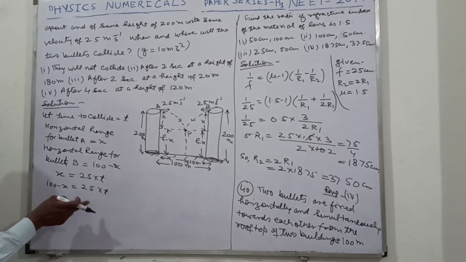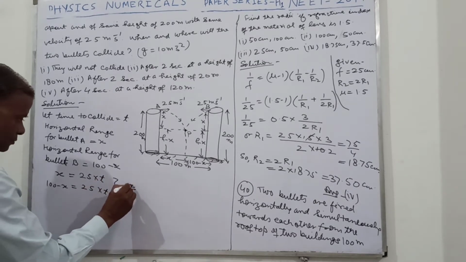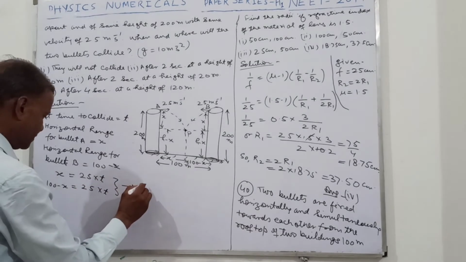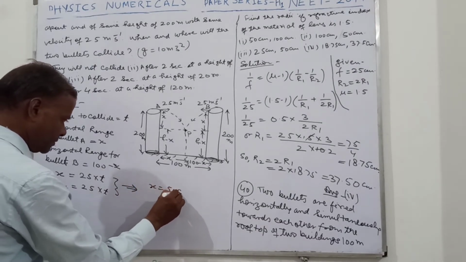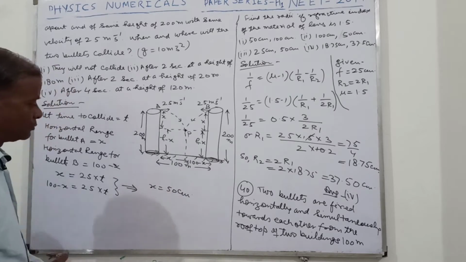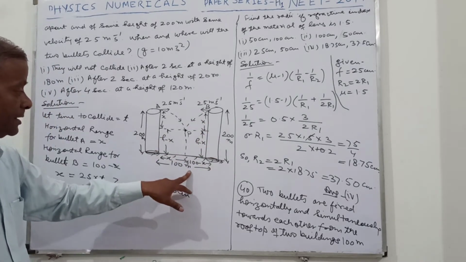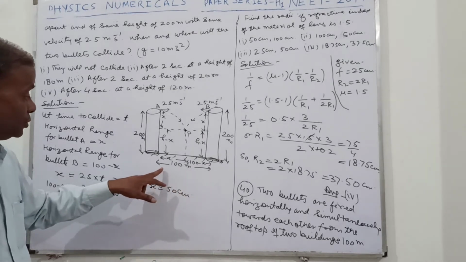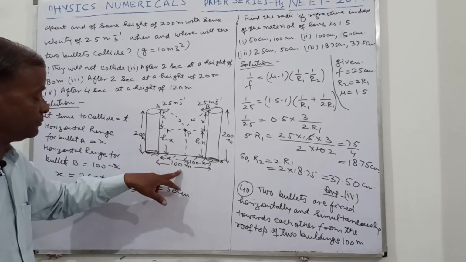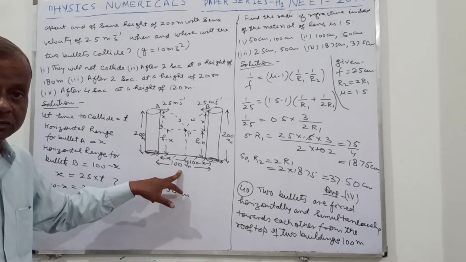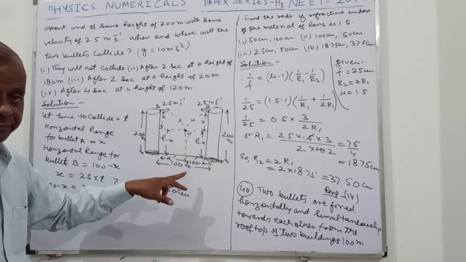So both ranges are equal. So this gives x equal to 50 meter. This means that the horizontal range of each bullet is 50 meter. If the horizontal ranges were not equal, then they would not collide with each other.